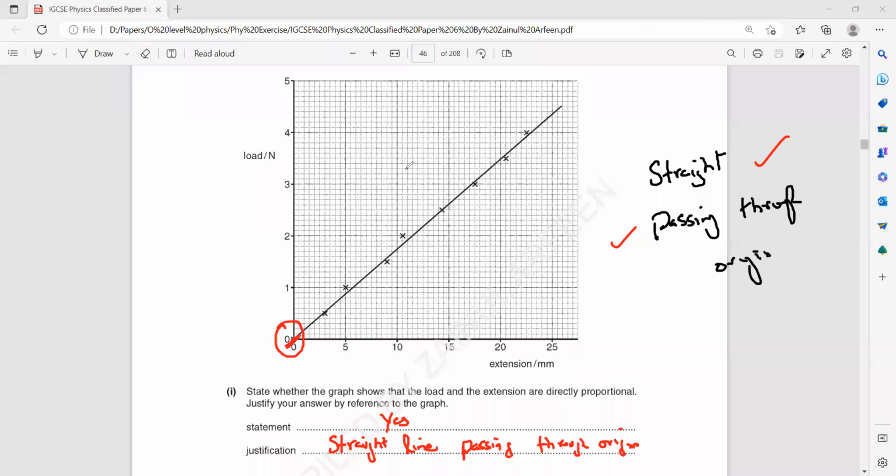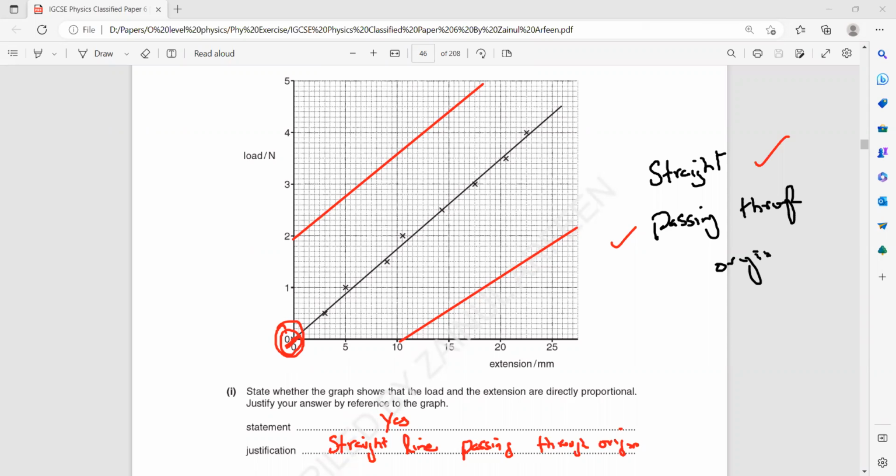If it was a straight line, but for example it is above the x-axis, above the y-axis, or it is starting from the x-axis, then we will not say it is directly proportional. But you can clearly see that it is a straight line which is starting from the origin, 0 and 0. Is it clear?